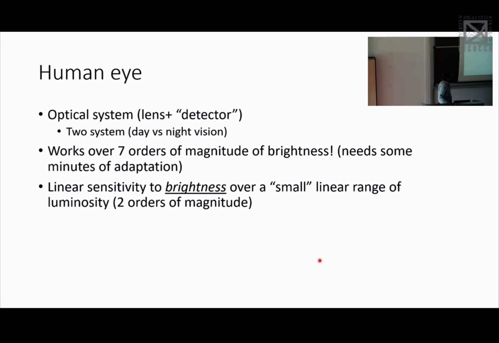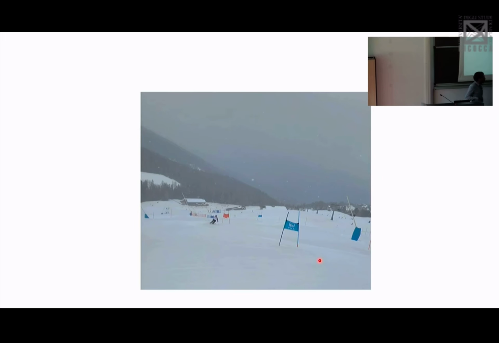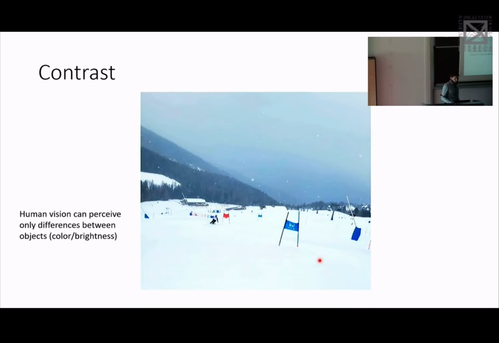Now, what does your eye see? So if we take a look at this picture, this was a picture taken on a cloudy day. You can see very little things. If you enhance it, we prefer this a lot. Now, the first thing that your eye looks at is contrast. What you see is not light.